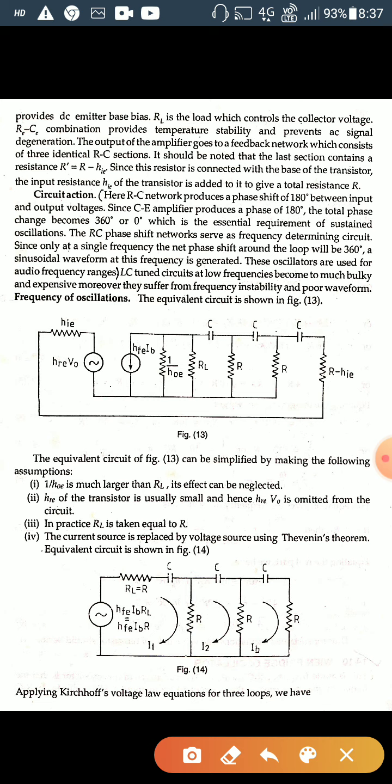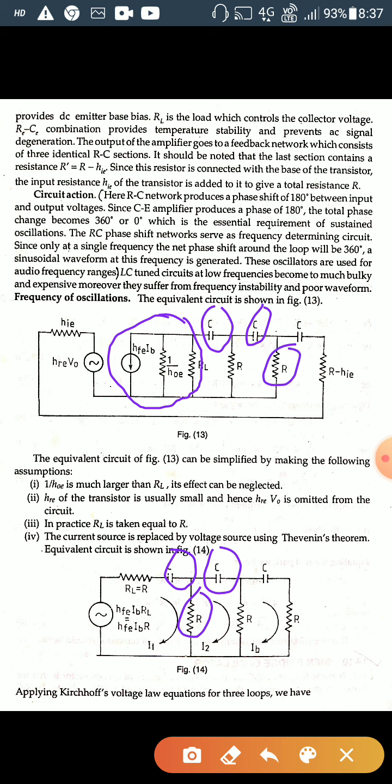Now this section you have already covered. Now the capacitor is present. So this is the capacitor, and the resistor is this one. This is capacitor, this is capacitor, this one is the resistor, this one is the resistor. Now how did you get this resistance value? Look, this one is connected again at this position.